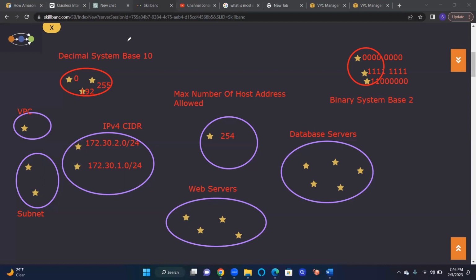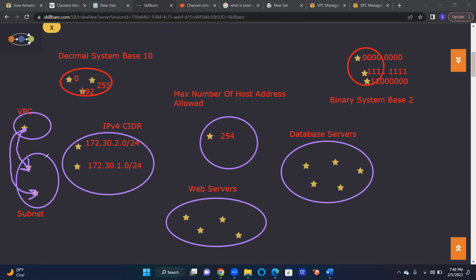Okay, so let's draw some arrows. I'm going to repeat a couple of times and then I'll draw the arrows, because that is how you will remember these things. A VPC has two subnets. I can have as many subnets as I want and I can keep creating.